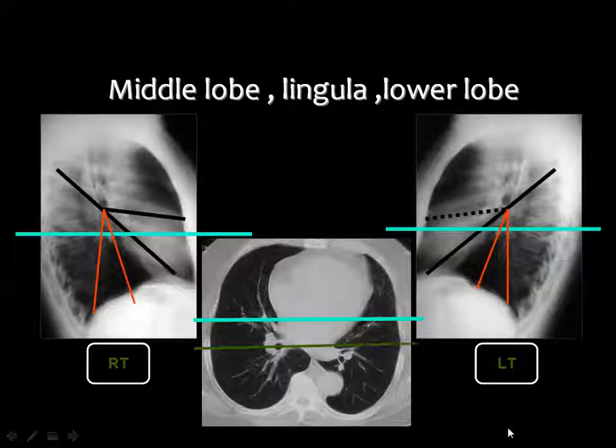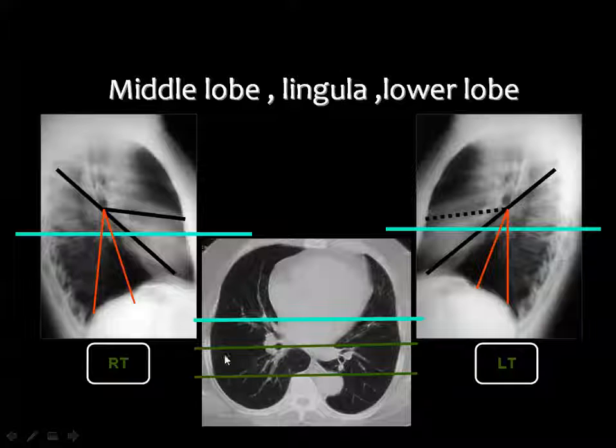Then, if you draw lines like this, remember that you are here in the lower lobe. Then this area will be the anterior segment, and this area will be the posterior segment. And on the left side, this is the lateral segment.